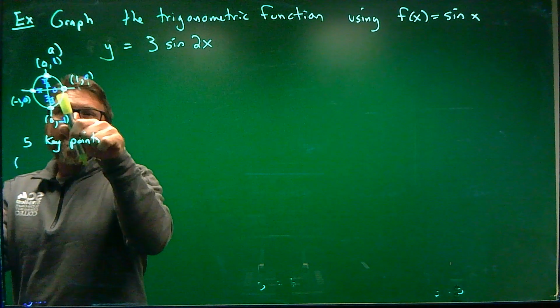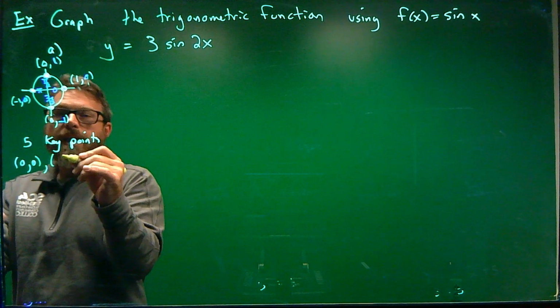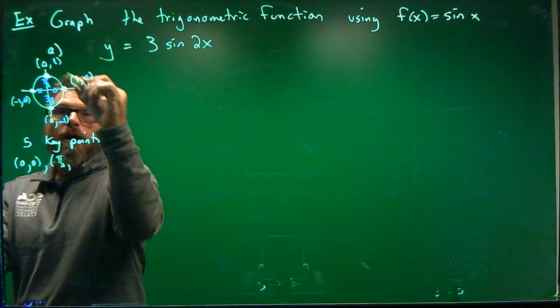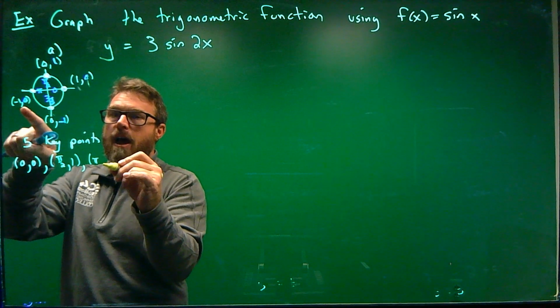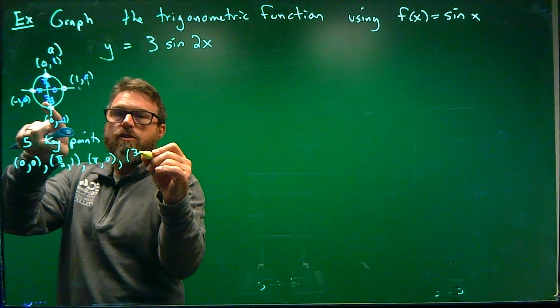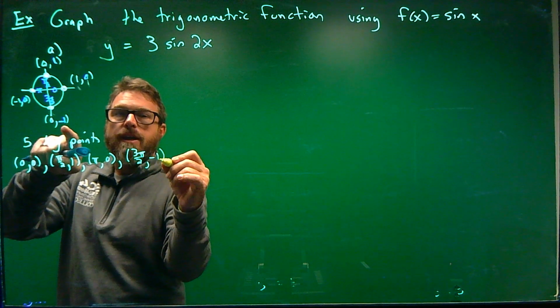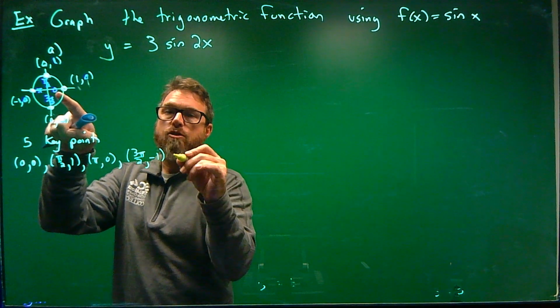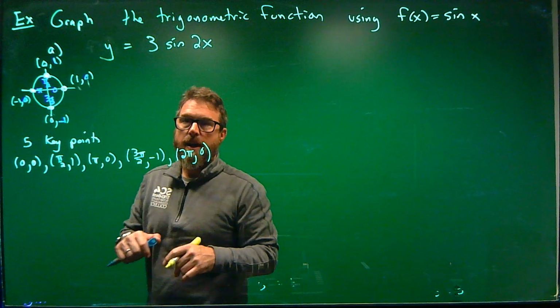So angle 0, output 0. Next is angle pi over 2, output 1. Then angle pi, output 0. And then angle 3 pi over 2, output negative 1. And the last point is 2 pi, comma 0. So these are our 5 key points.